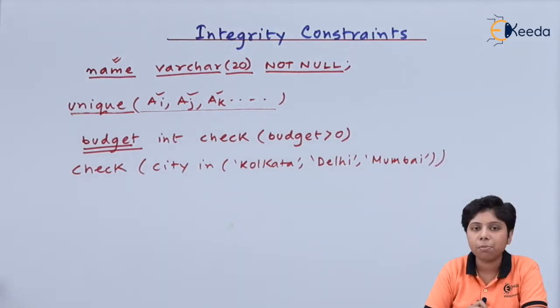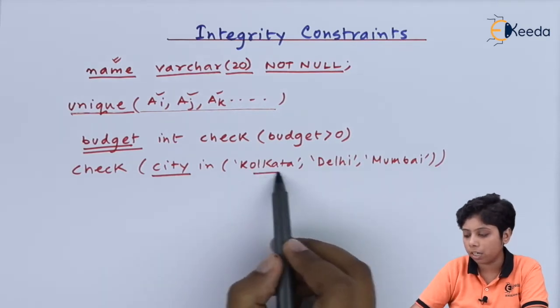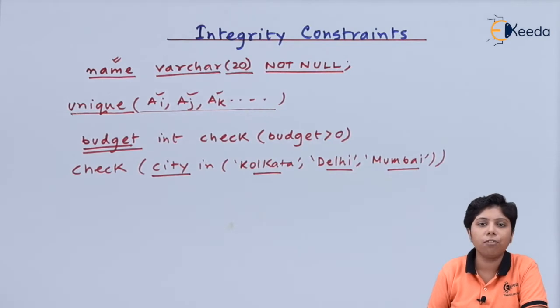So this will make me check that the city I am typing in is either Kolkata or Delhi or Mumbai, no other than this. So I am taking a set of domain for a checking purpose. Now we will use this in a creation of schema on each of the cases based on different scenarios.